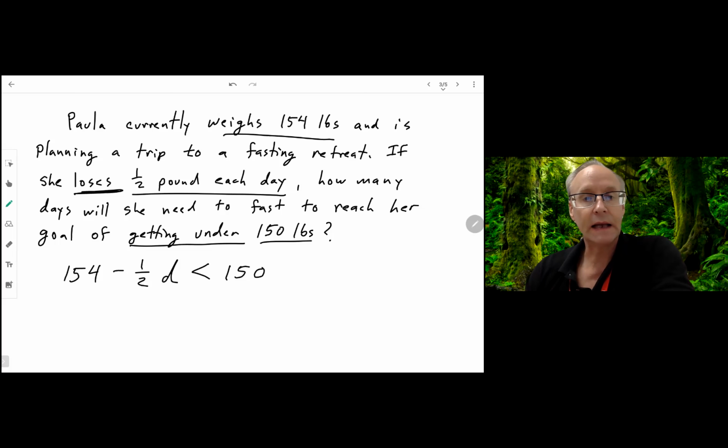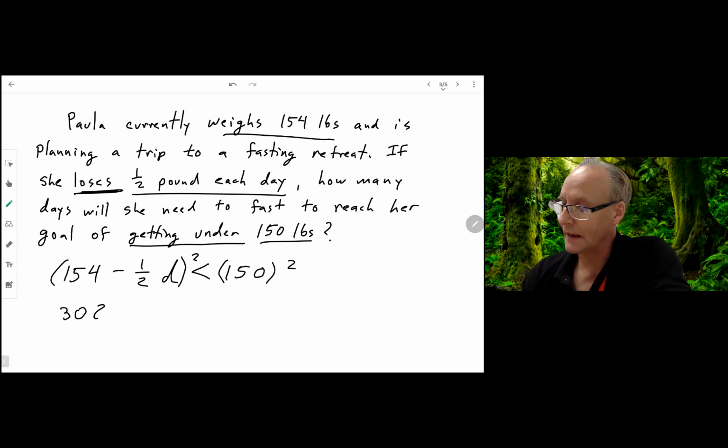Now I'm going to go ahead and do something like I did in the other problem. I'm going to multiply everything by 2. I'm going to multiply both sides by 2. And the 2 gets distributed to both parts. That means that it's going to be 308 minus the 2 is getting multiplied by both parts.